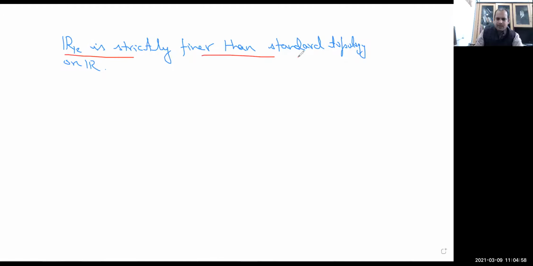RK is the terminology used for R equipped with the K topology. For our convenience, we have adopted this notation.